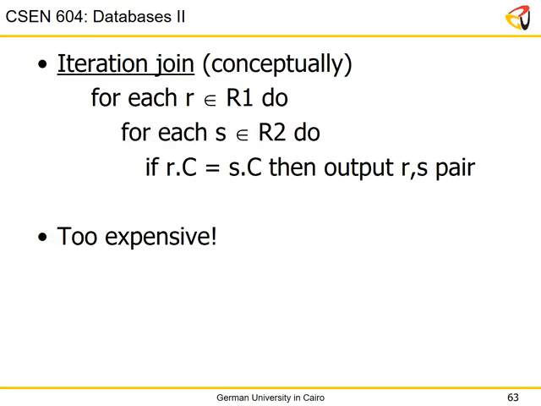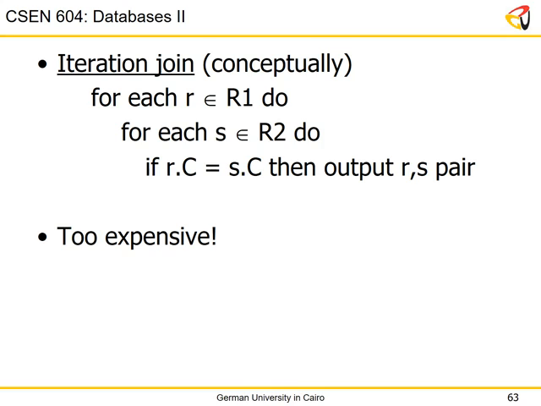So let's look at iteration join. This is simple linear scanning to do a join. I'm going to go to R1, and for every row in R1, I will loop on S to find a match for the common column, R1.C with S.C. So this is like a pair of nested loops. It will literally be written like this.